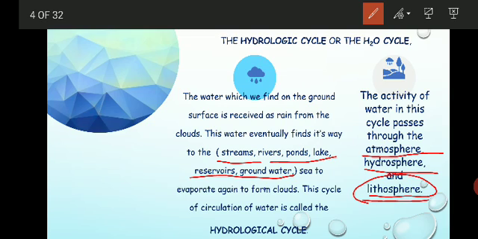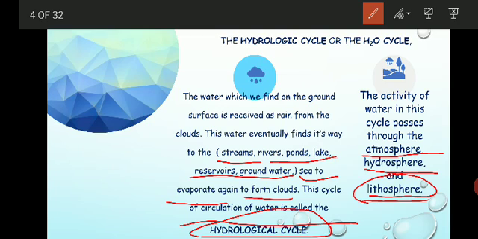Then ultimately at the end it will join the sea. Then again it evaporates and forms the clouds. So this cycle of circulation of water is called the hydrological cycle.